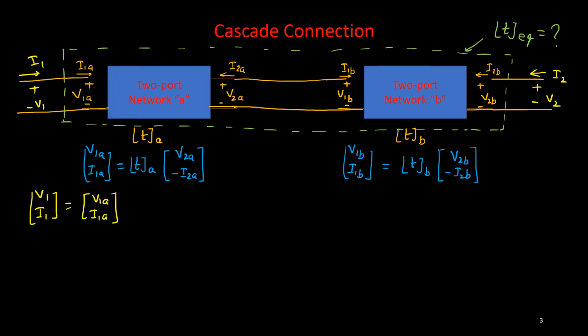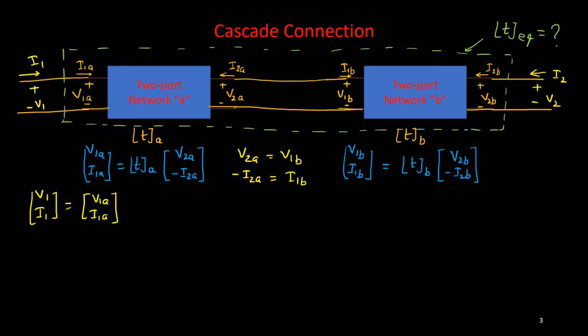Now in the middle here, what are the two equations? V2A and V1B are the same, and I2A and I1B are opposite. So minus I2A, I can write I1B. So these are the two equations: V2A equals V1B and minus I2A equals I1B.